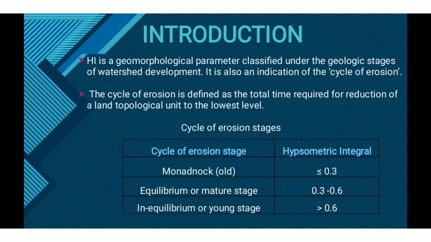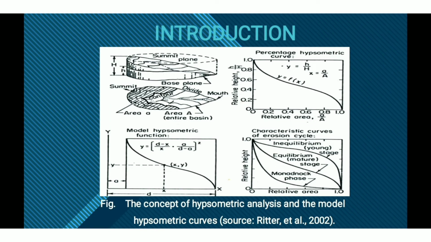The entire period or the cycle of erosion can be divided into three stages, namely monadnock or old stage, equilibrium or mature stage, and inequilibrium or youth stage. And its hypsometric integral values are less than 0.3, between 0.3 and 0.6, and greater than 0.6 respectively.